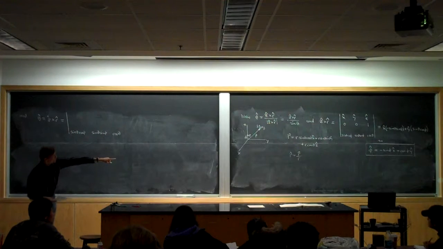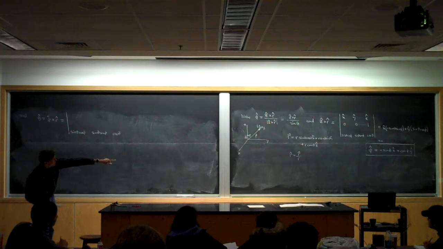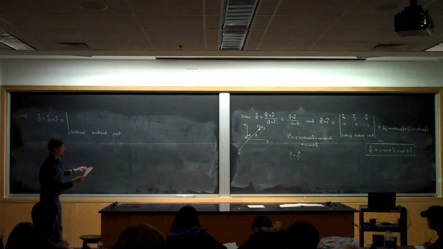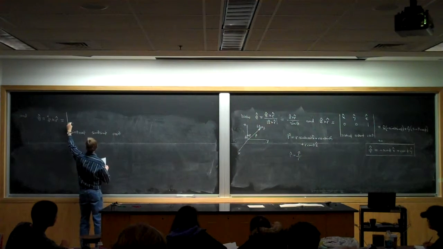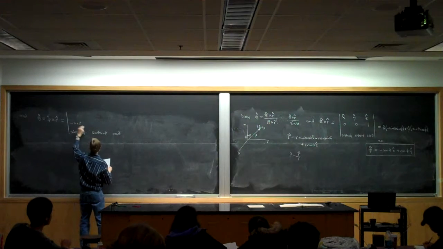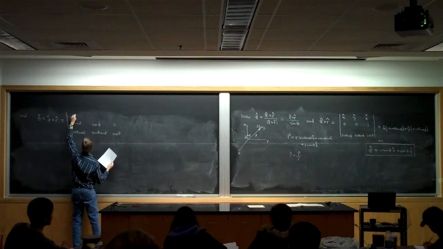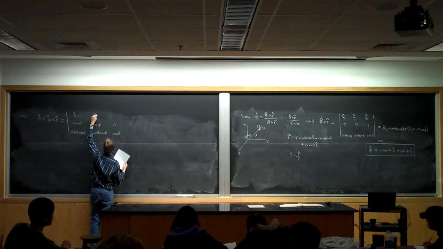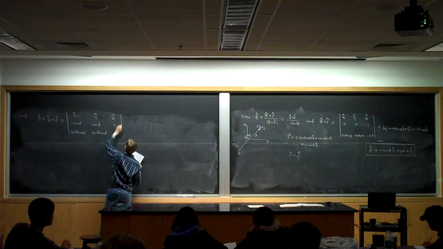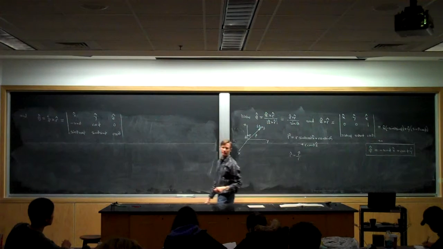Meanwhile, phi hat's components are minus sine phi, cos phi, 0. And then along the top, x hat, y hat, z hat. This is the cross product that we must take.